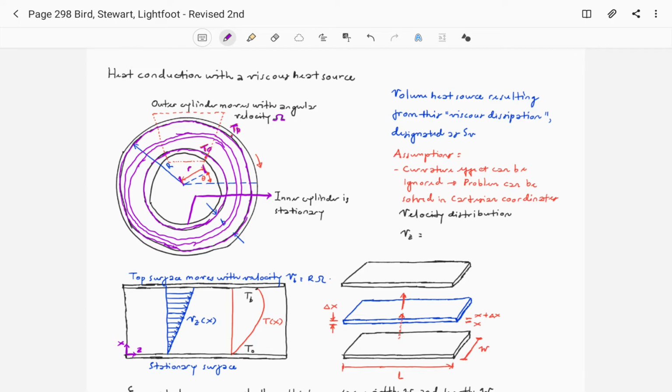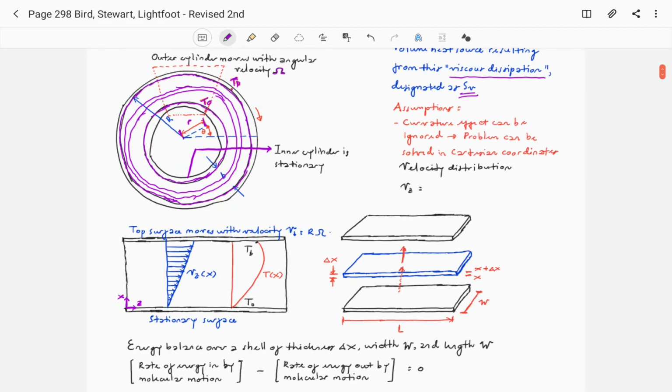The volume heat source resulting from this viscous dissipation is defined as Sv, and it basically appears automatically in the shell balance when we use the combined energy flux vector, which we call e, and this is covered in the previous lecture video.